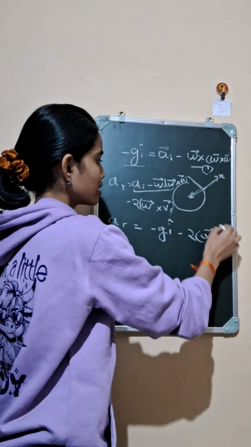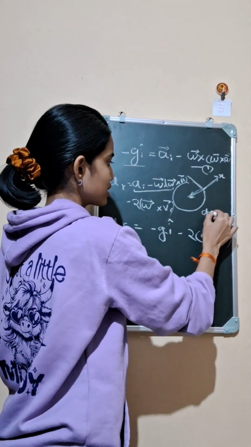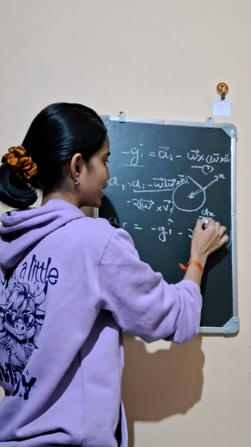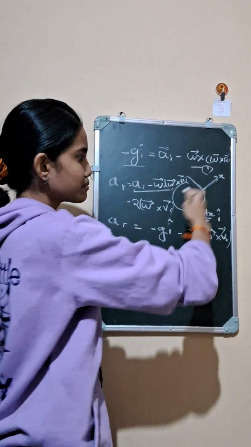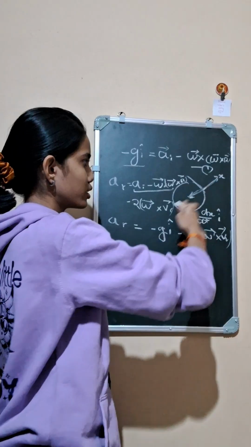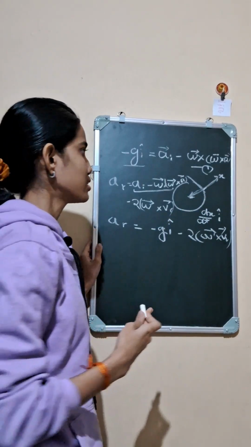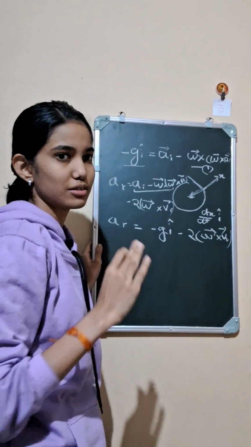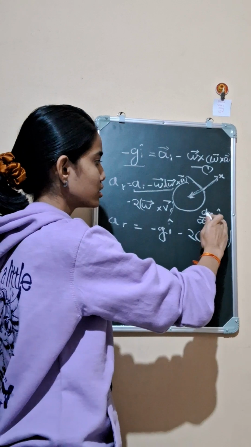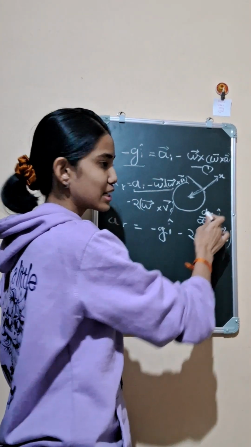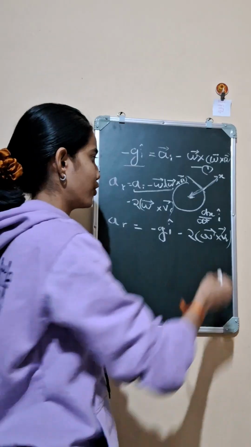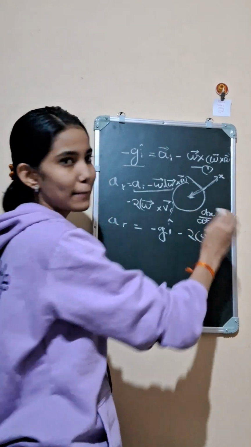We can say that it will be dx, the change in x by dt, i cap. Here the object is falling along the negative axis, but still I have not put any negative direction because the change is negative. So dx will have a negative value, and in total it will be minus i cap.